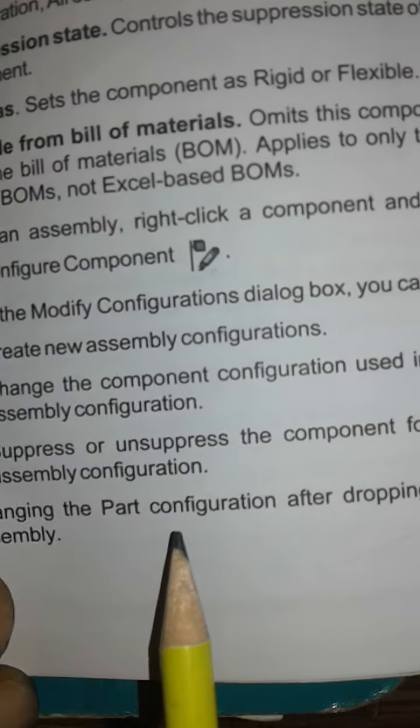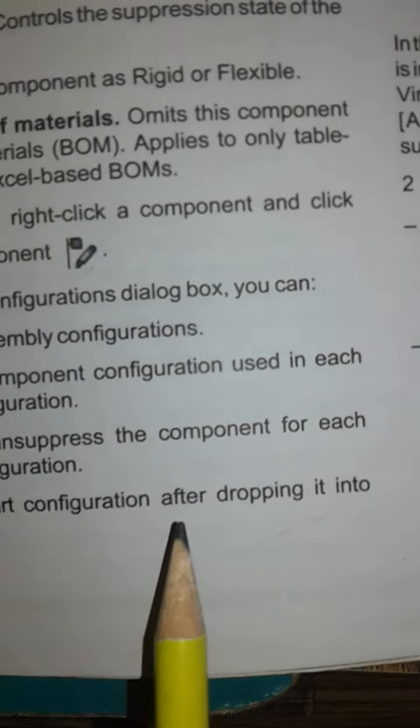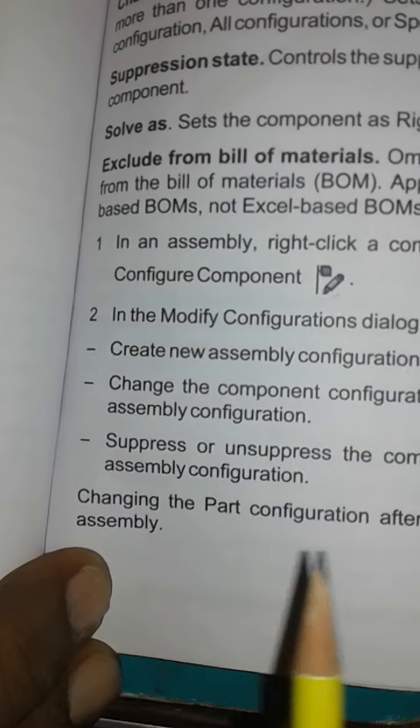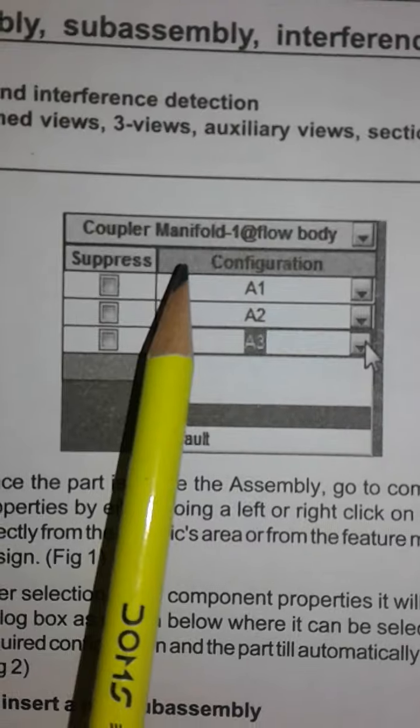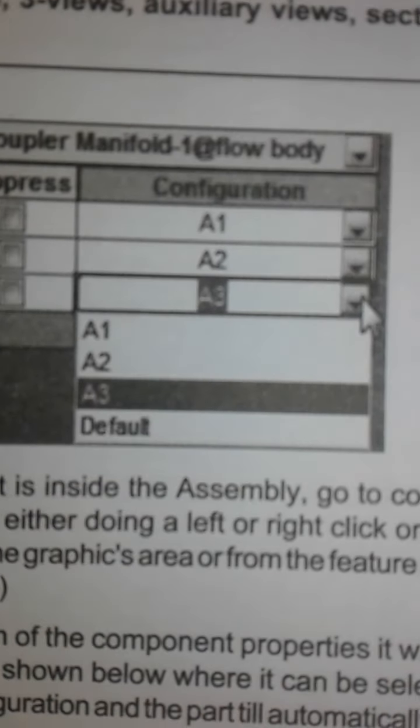Changing the part configuration after dropping it into the assembly. Suppress configuration A1, A2, A3, default.